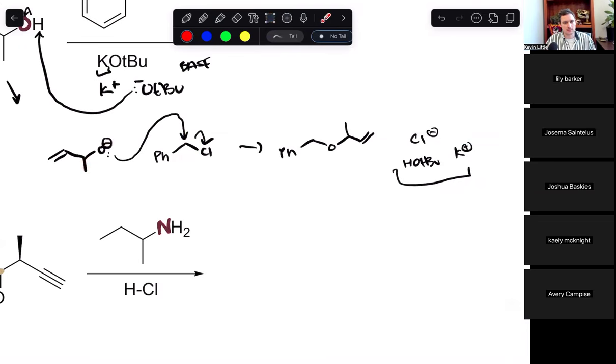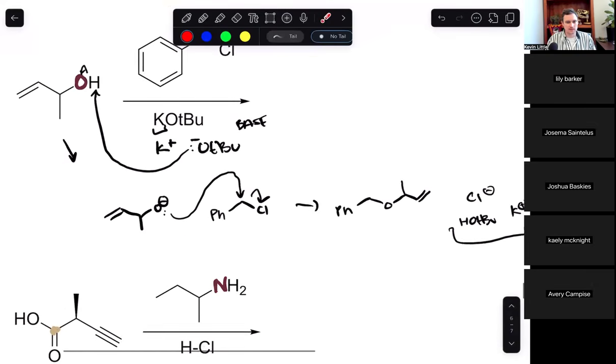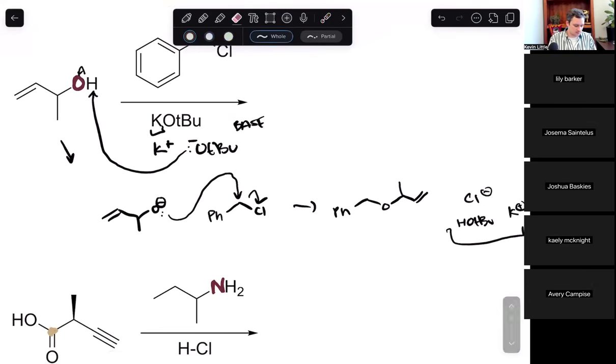You end up being able to balance it on your own, and instead of being a slave to balancing charges all the time, understanding that it's a negative oxygen. It gave away electrons. It should be neutral in the next picture, right? I should understand that oxygens with two bonds are going to be neutral. I should be able to evaluate each picture on its own merit without freaking out about arrows.